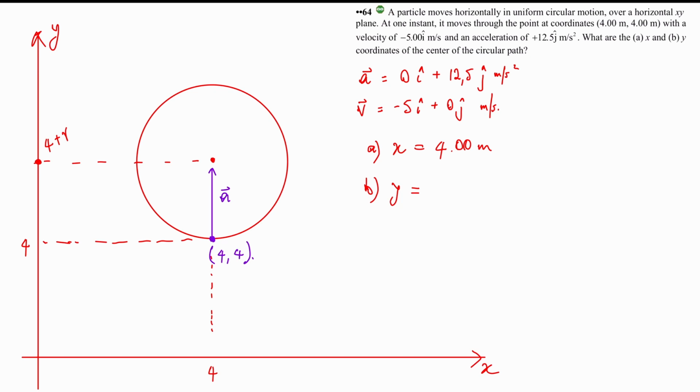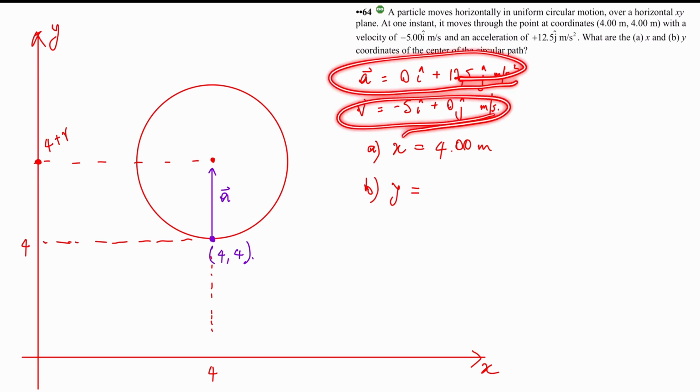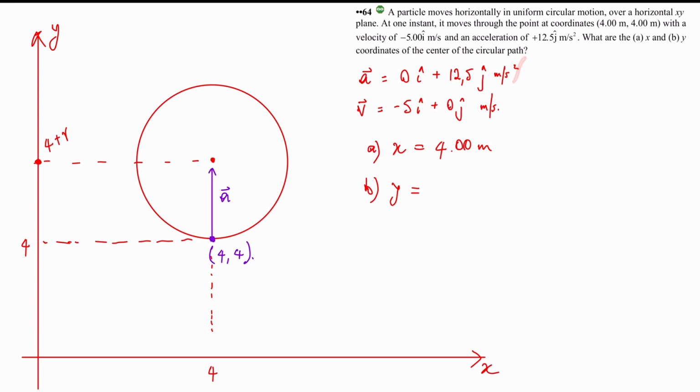So how do we find the radius here? Well, we're given the acceleration vector and we're given the velocity vector. If we find the magnitude of these vectors, we can use them to find the radius. From the equation a equals v squared over r, we can find r, which is going to be v squared divided by a.